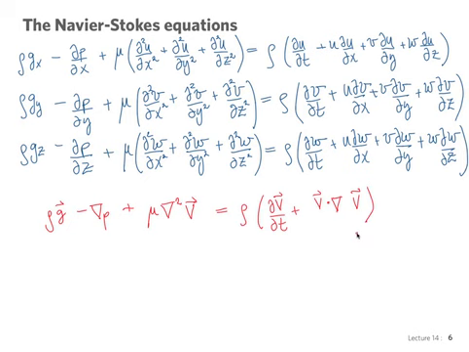We have pressure and viscous forces. This is the Navier Stokes equations for a Newtonian fluid with constant density. So note, of course, that we've used the definition of the Laplacian, which is second partial with respect to x plus second partial with respect to y plus second order partial derivative with respect to z.